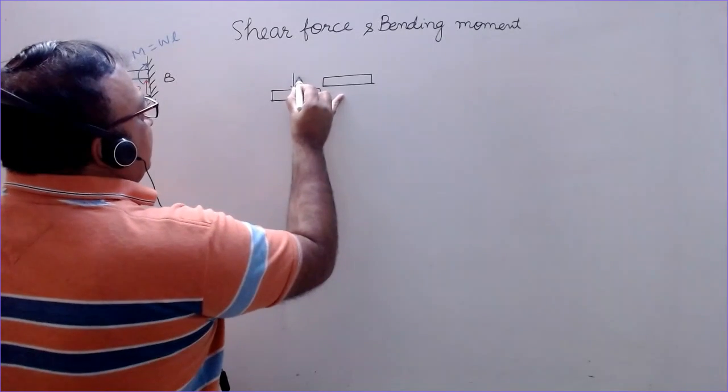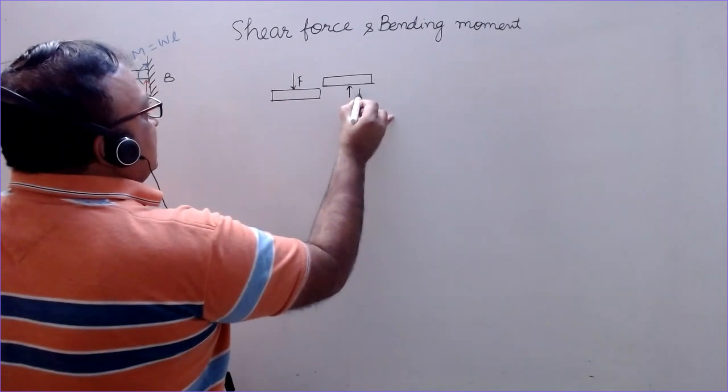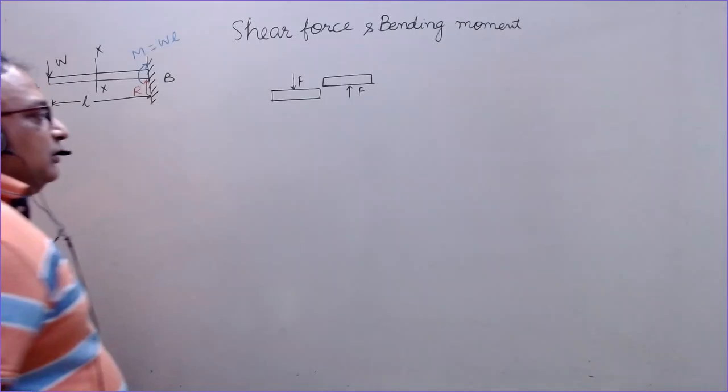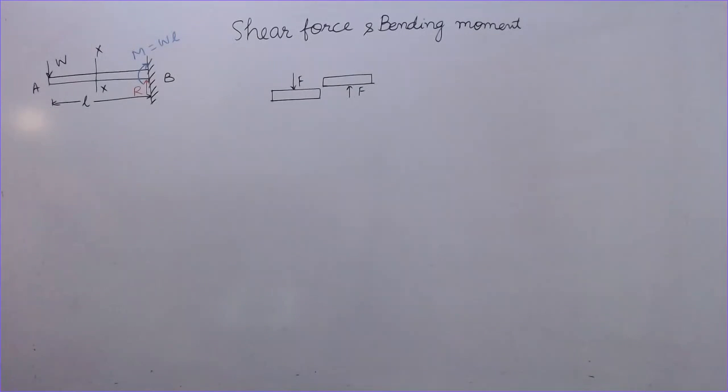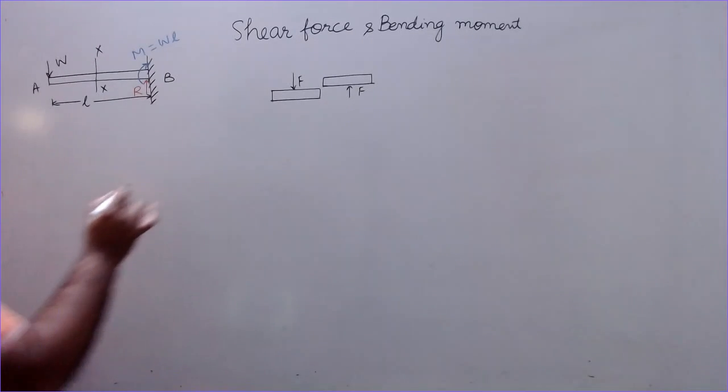Shear force F, and the shear force in this direction. As per our discussion previously, this type of shearing is negative shear, which produces a hogging or negative bending. So what is the shearing force?